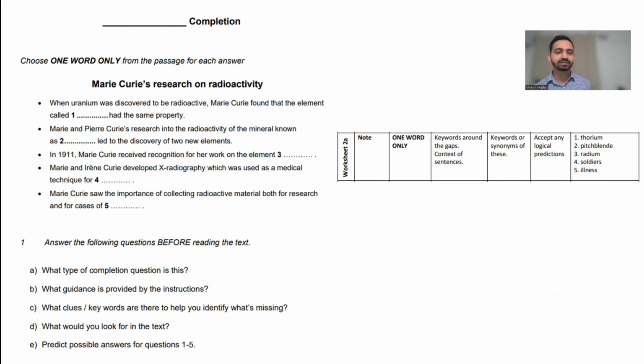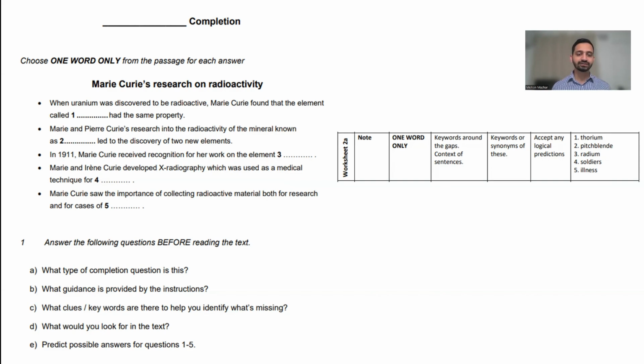Marie and Irène Curie developed X-radiography, which was used as a medical technique for soldiers. Okay, number 4 is soldiers. Marie Curie saw the importance of collecting radioactive material both for research and for cases of illness. Okay, number 5 is illness.